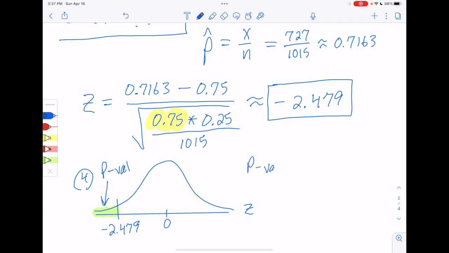So how do we get that p-value? Well, it's a z-score, so we're going to use normal CDF. Our left-hand boundary is way over there, which would be negative infinity. Our right-hand boundary is right here, so negative 2.479.